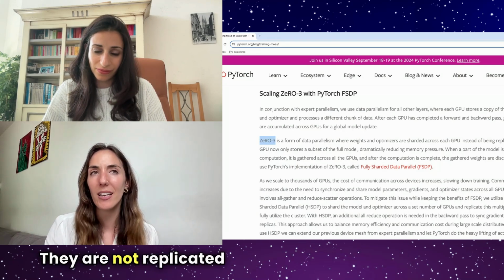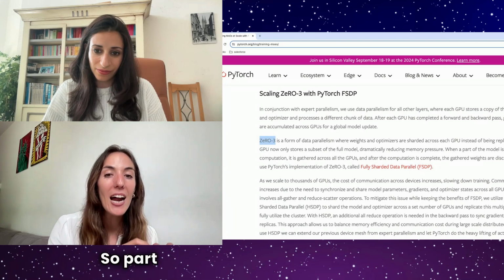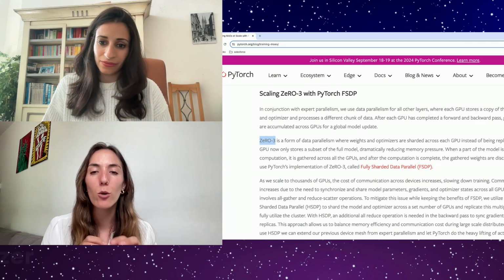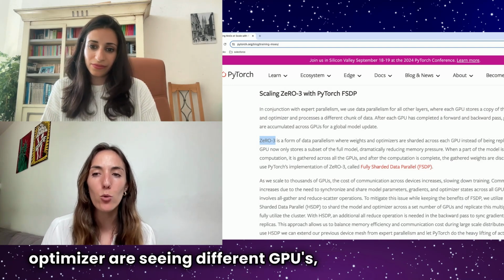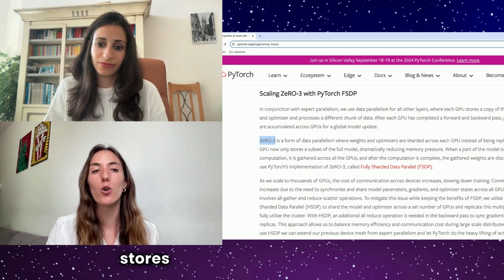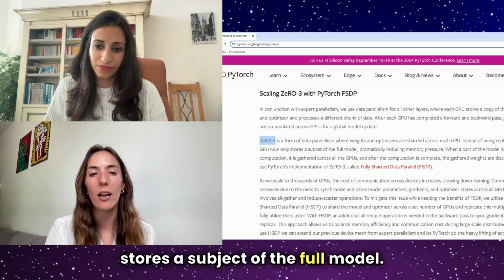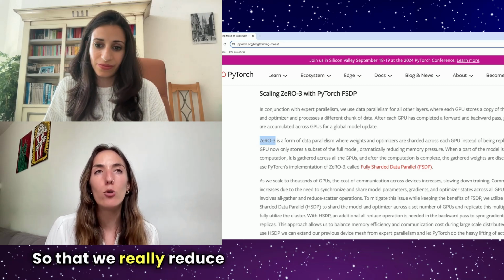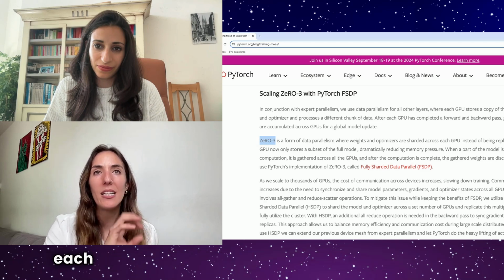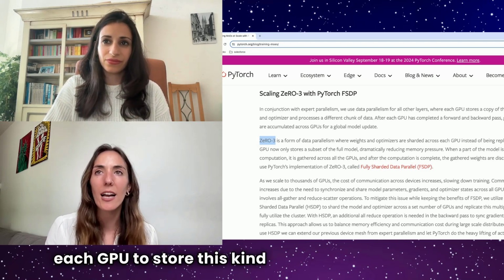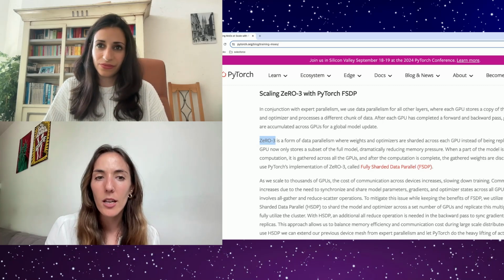They are not replicated, like copied, they are sharded. So parts of the weights and parts of the optimizer sit in different GPUs, and each GPU only stores a subset of the full model, so that we really reduce the memory that we take from each GPU to store this kind of data and metadata.